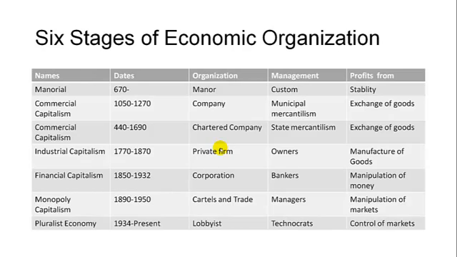And this, in turn, led into what they call financial capitalism, which is basically the manipulation of money. Once you have goods and you have bankers and you have profits, those profits have to go somewhere, and that turns into money.